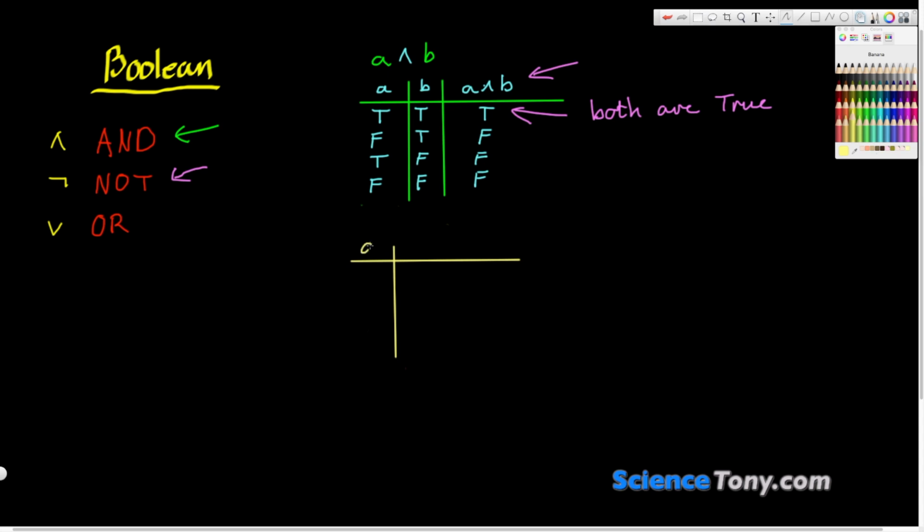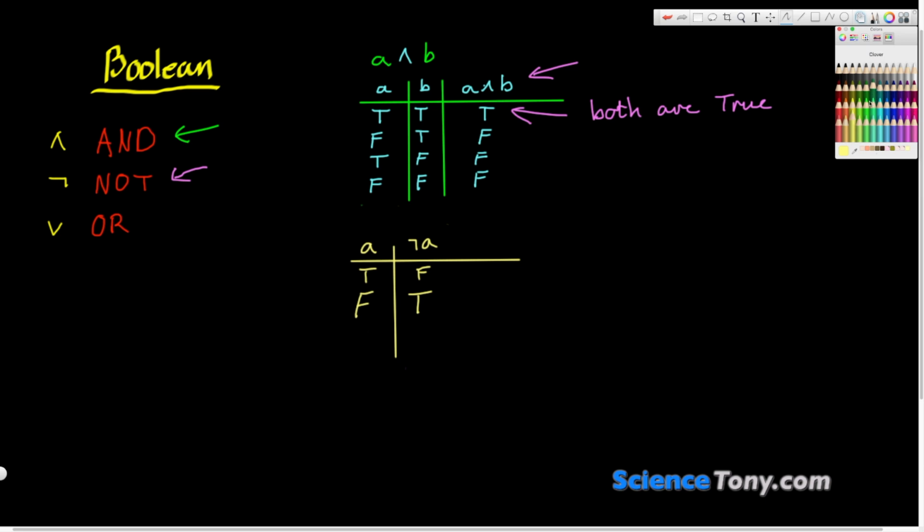We have A and not A. So if A is true, then not A is going to be false. If A is false, then not A is going to be true.